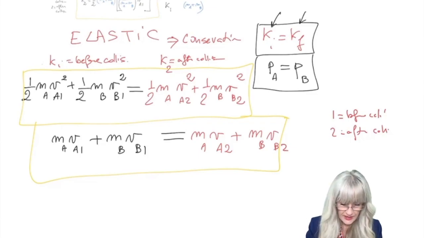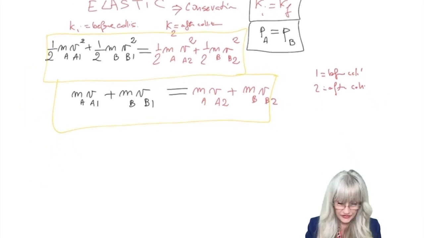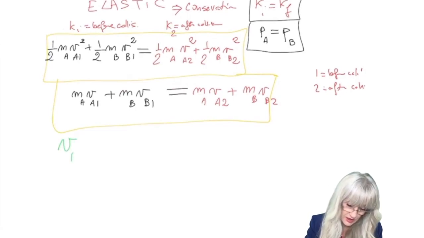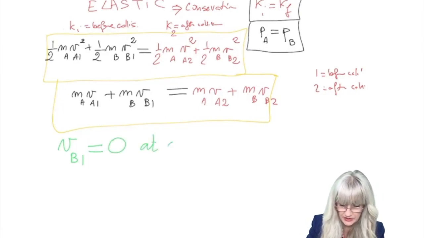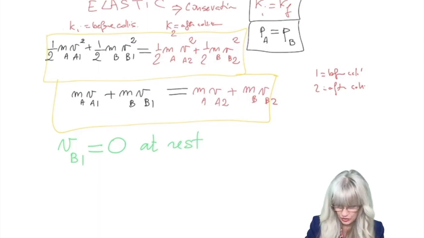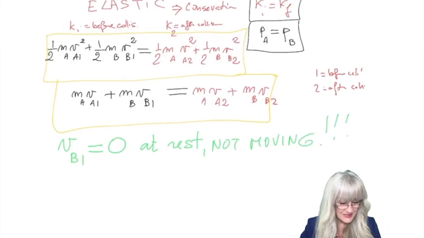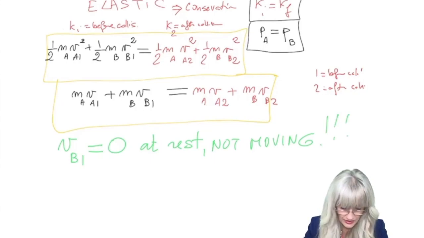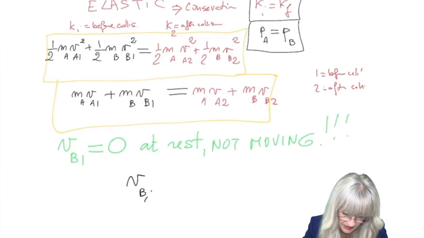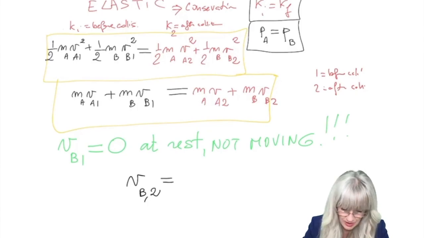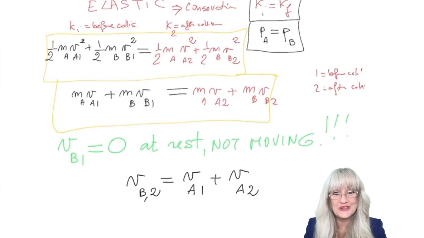In this case we are going to do a simplification, such that the velocity of B before the collision is 0, so body B is at rest, not moving. Okay, object B is not moving for simplicity. For this type of physics, I'm going to conclude straight away that VB after the collision will be given by velocity A before plus velocity A after the collision.